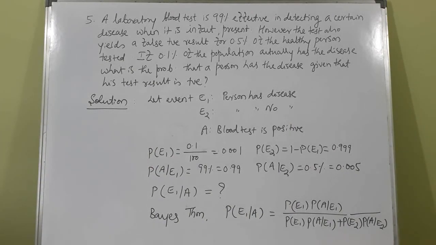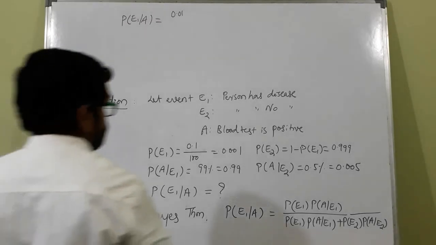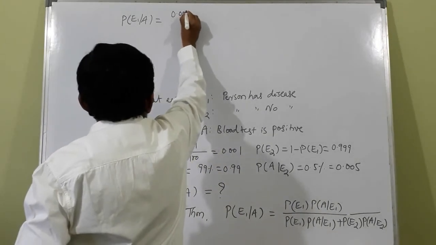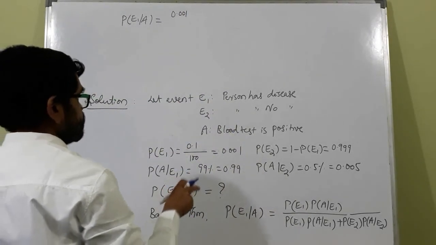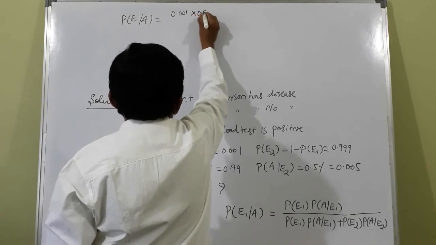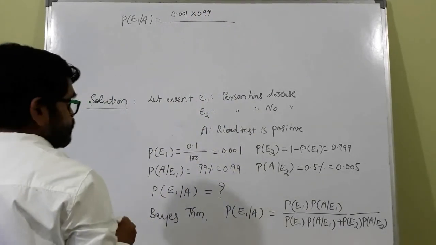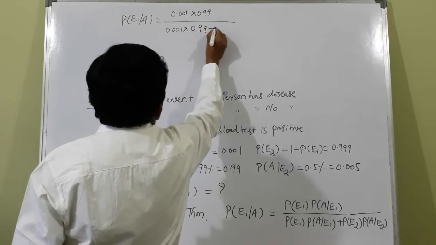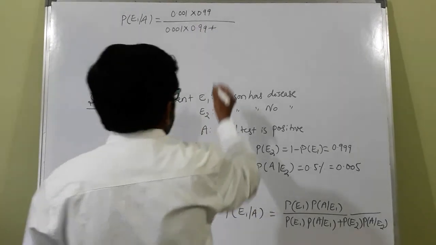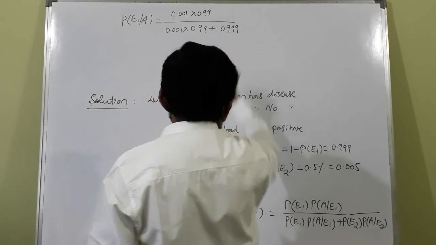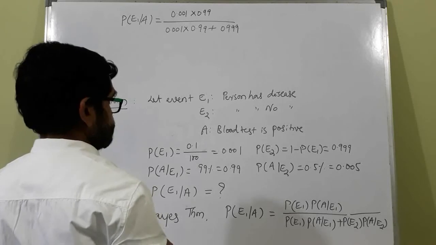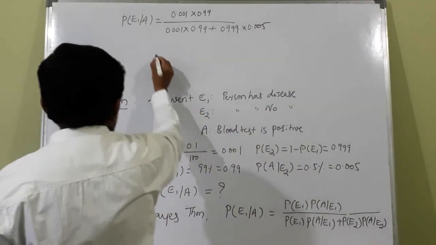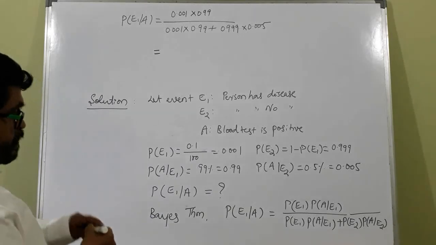Okay, let us substitute. Probability of E1 is 0.001 into probability of A given E1, which is 0.99, divided by 0.001 into 0.99 plus probability of E2, which is 0.999, into probability of A given E2, 0.005. So this is calculator work. You complete that. Okay.